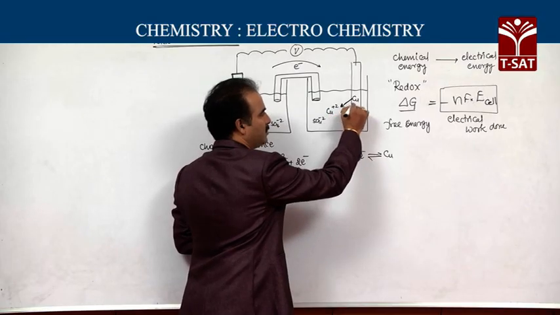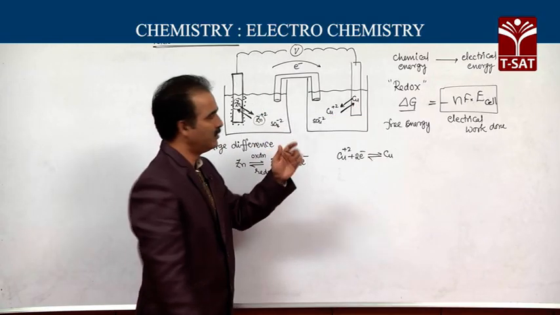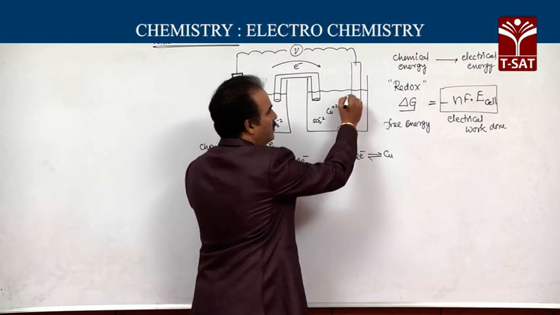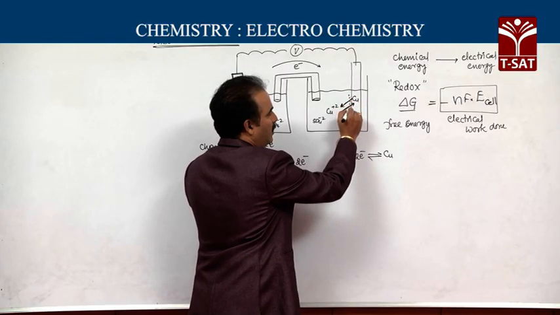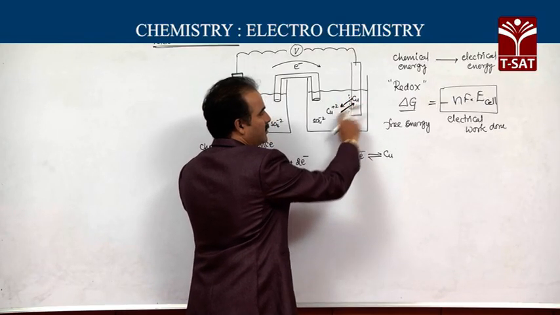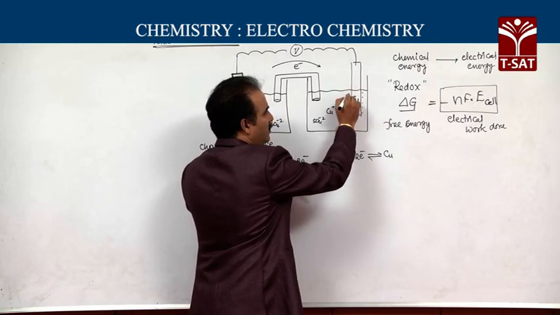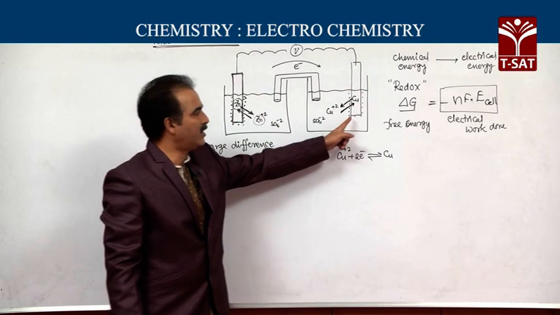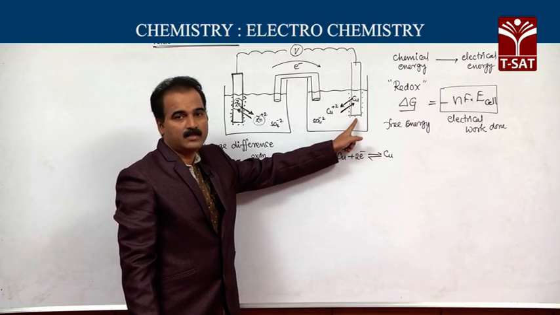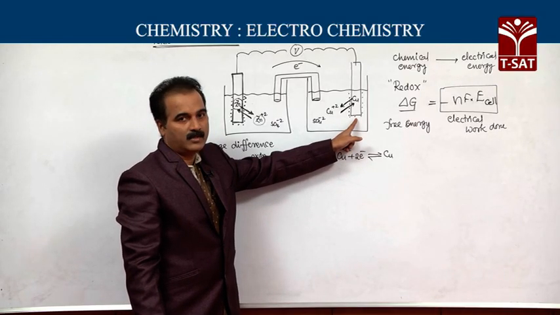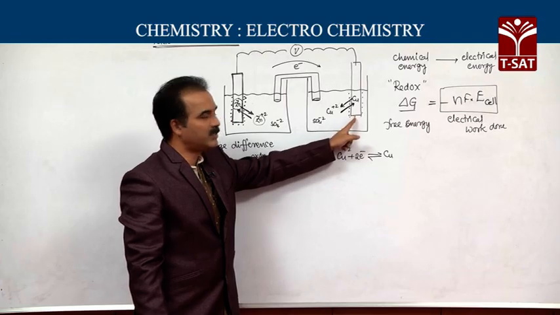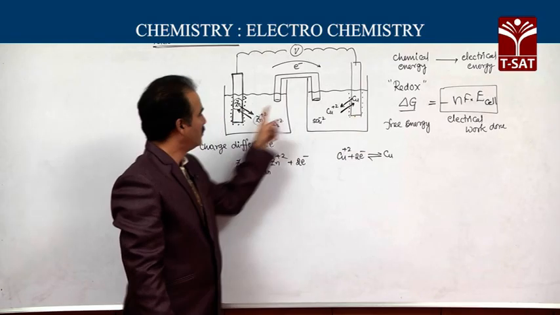Dissolution and deposition occur simultaneously at this electrode, with the loss and gain of electrons. Once the reactions reach the state of equilibrium, some potential is developed here, some negative charge developed here, and this is the single electrode potential.